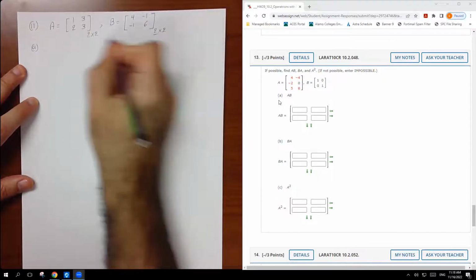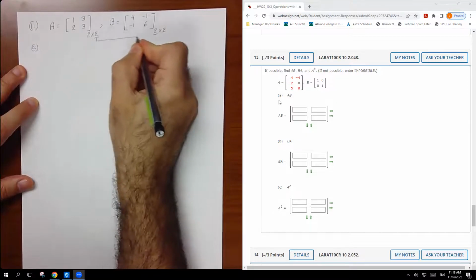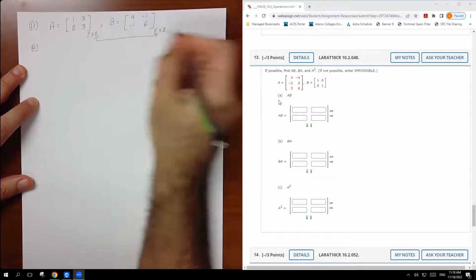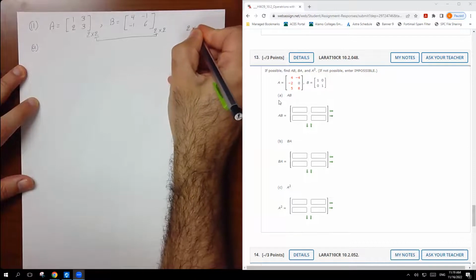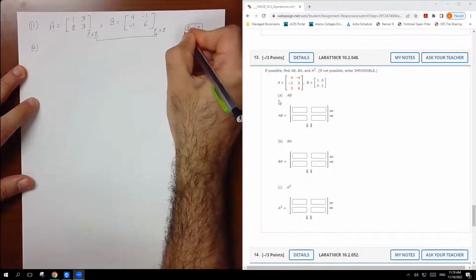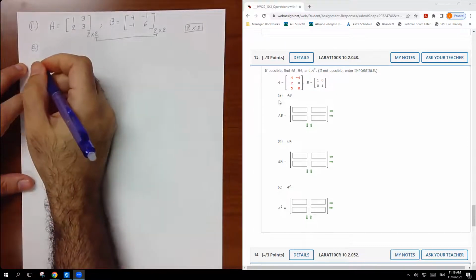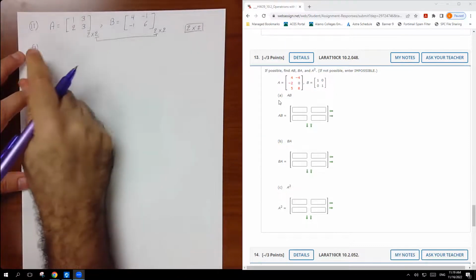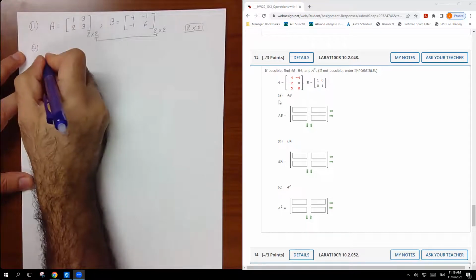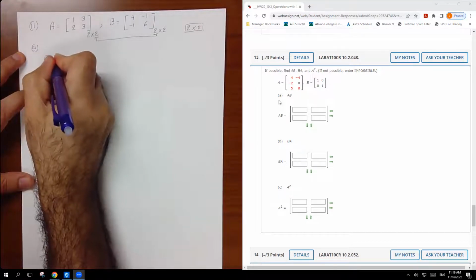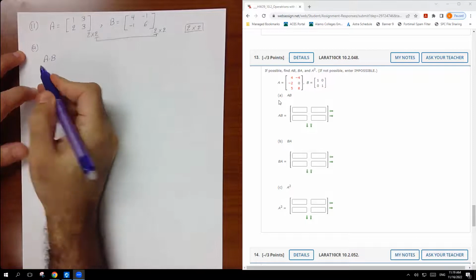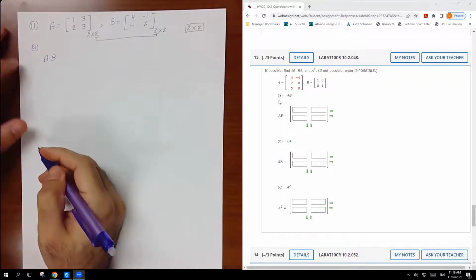So we have exactly the same numbers here. That means our new matrix is going to be 2 times 2. So let's check A times B. Again, this is only to find the dimension for A times B. If you want to do B times A, you also have to check the dimension.